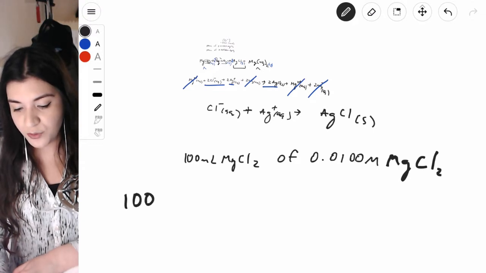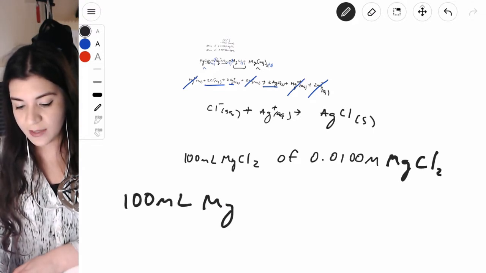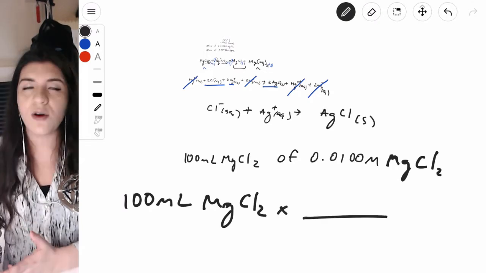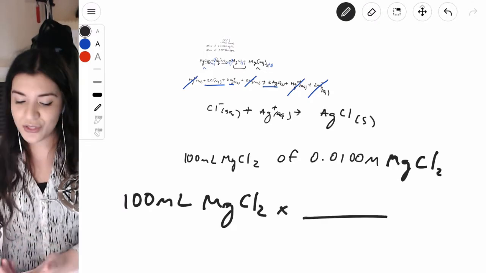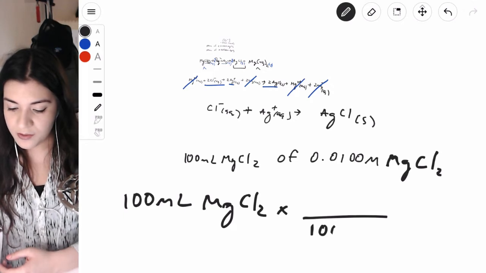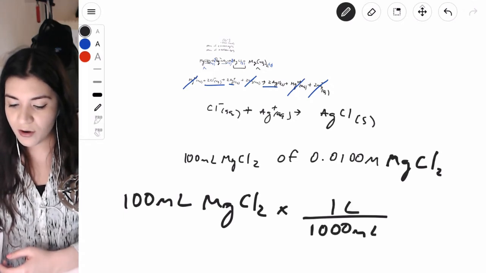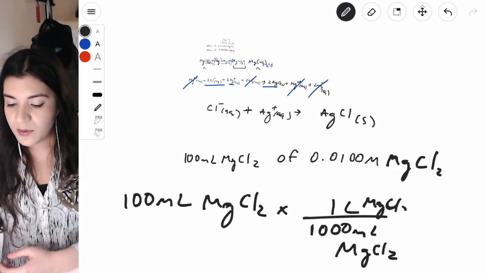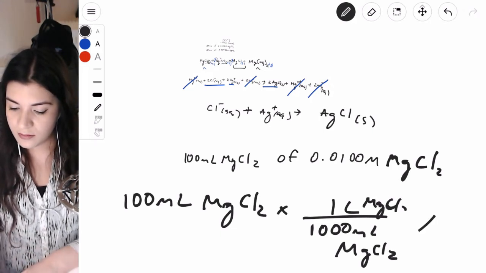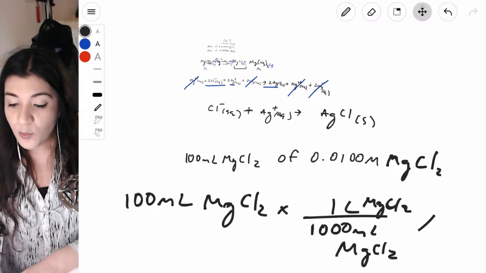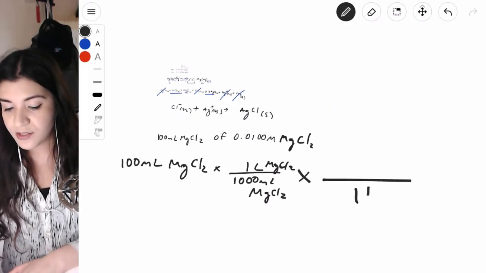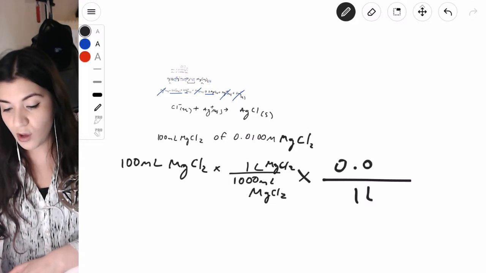So I'll show you how to do that. If I have 100 milliliters of magnesium chloride, I'm going to change this to liters so I can cancel that out and then get to moles. So this would have been 1,000 milliliters on the bottom, 1 liter on top. All right, and then I'm going to keep multiplying. And I'll multiply this by the molarity or concentration that they gave us, where 1 liter is on the bottom and our moles are on top.